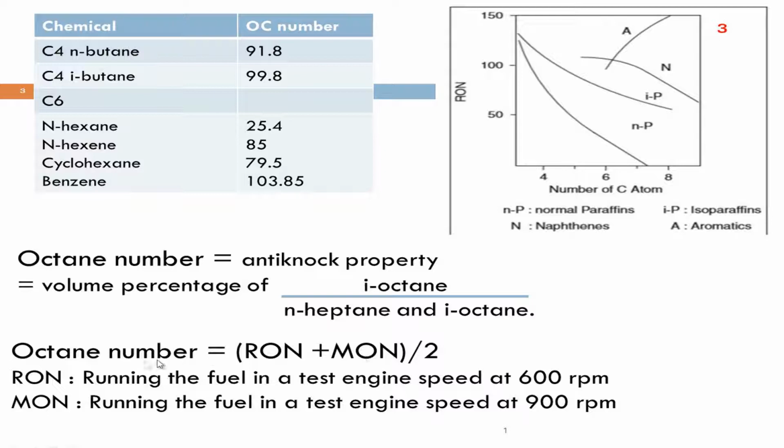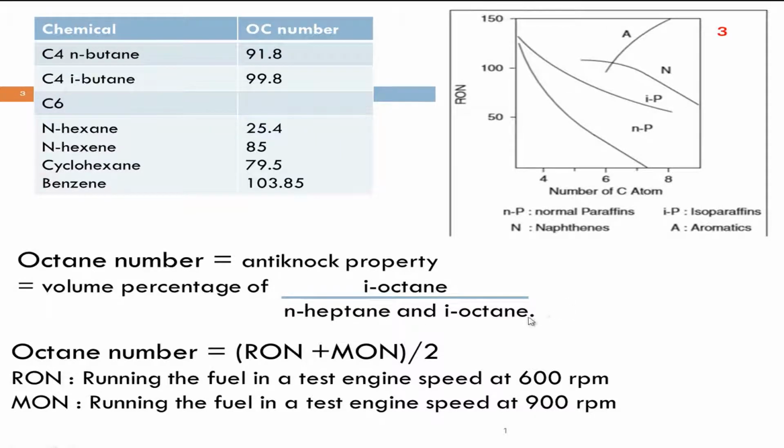The general octane number is an average of both values. The research octane number is the value obtained from a test engine run at a speed of 600 rpm, while the motor octane number is obtained from the test engine at a higher speed of about 900 rpm.